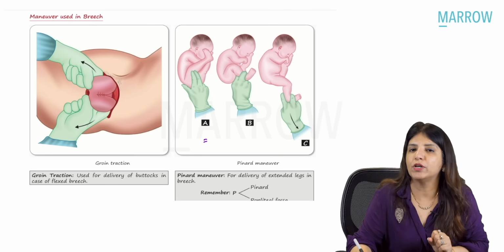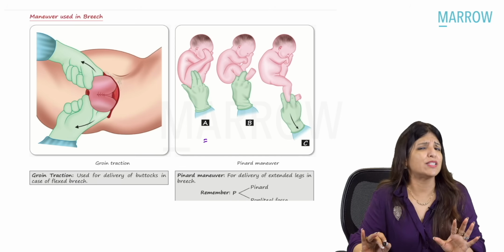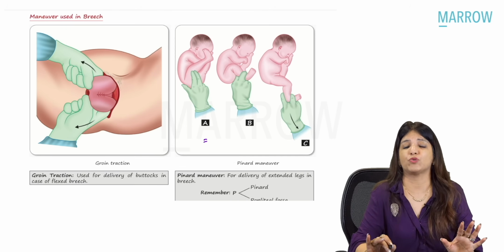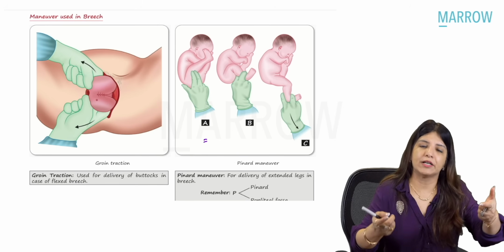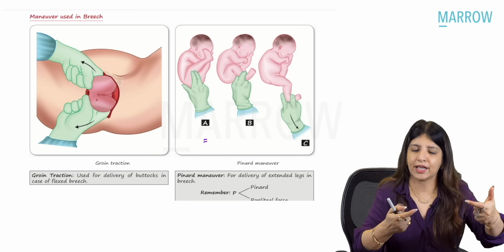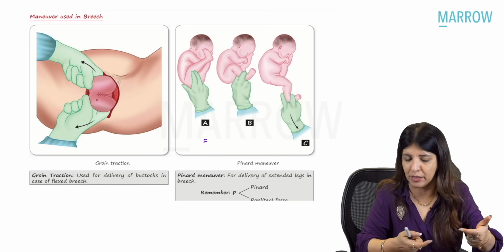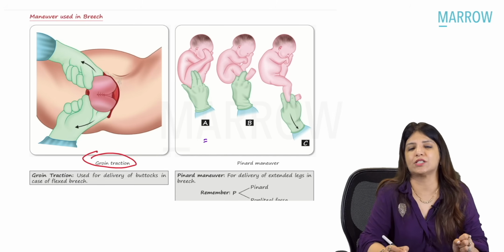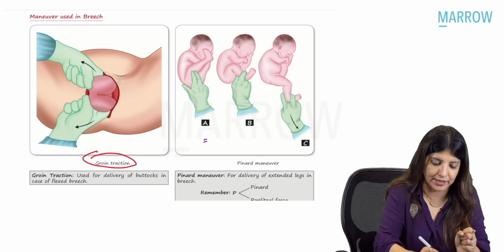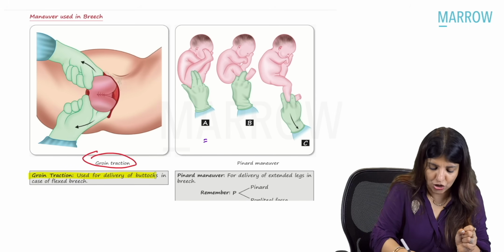Now, coming to the maneuvers done in breech, they are very easy to identify because you just have to see which part is being delivered. If in breech you see that fingers are taken in the groin area and the buttocks are visible, that means it is groin traction, done for delivering the buttocks in a flexed breech.